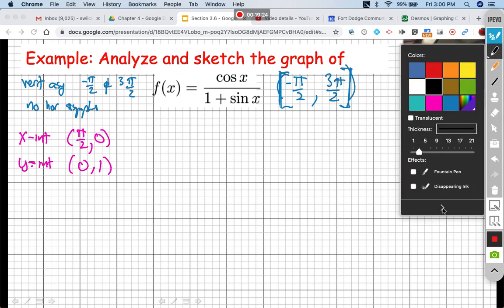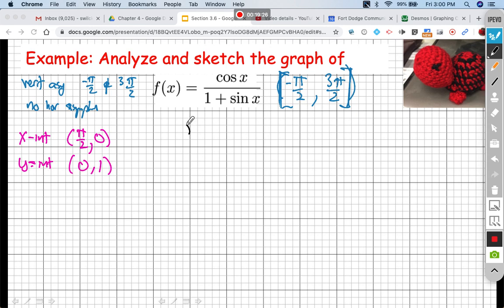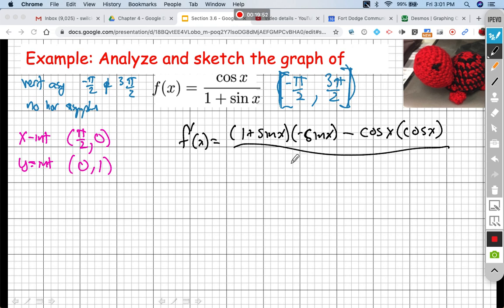Now comes the fun part. Okay. First derivative. And let's use the quotient rule again. 1 plus sine of x times the derivative of cosine, which is negative sine of x, minus cosine of x times the derivative of 1 plus sine x, all over 1 plus sine x squared.